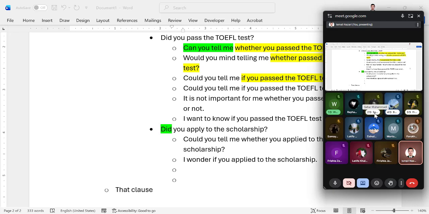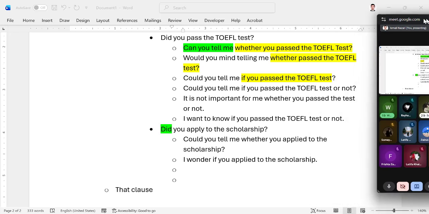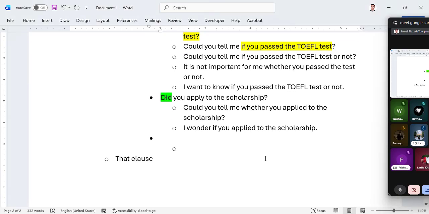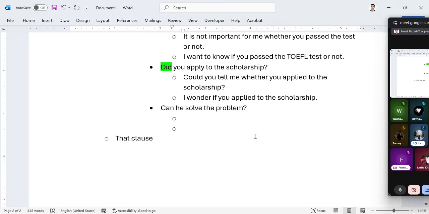Miss Sahar. Okay, the question is, can he solve the problem? Okay. How to change? And the noun clause is, we are not sure whether he can solve the problem.